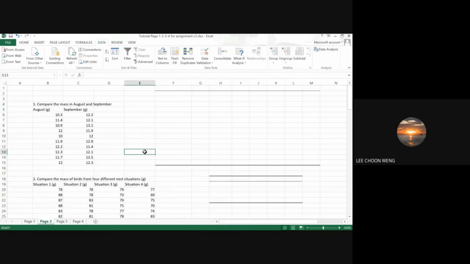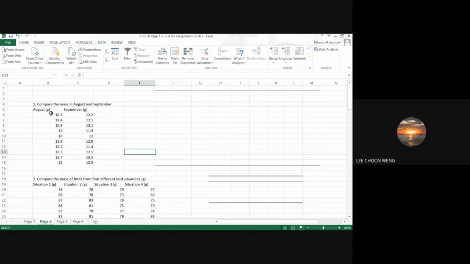So you look at the question, it says compare the mass in, so this is actually data of a clutch of eggs in a bird's nest. So they measure it in August, they measure it in September. So now you want to compare: is it different? This is very straightforward.